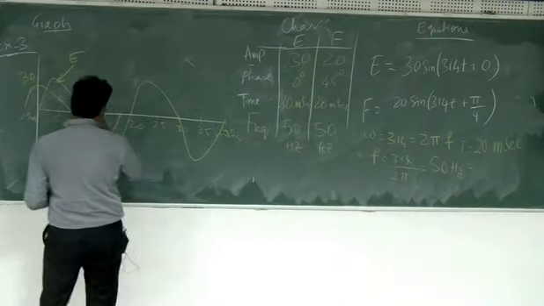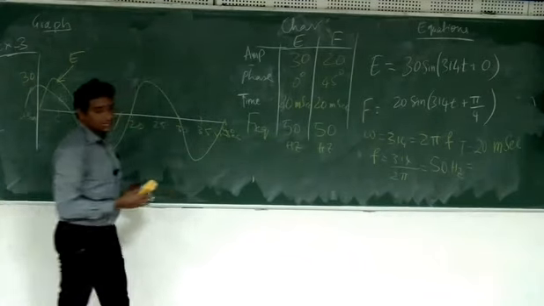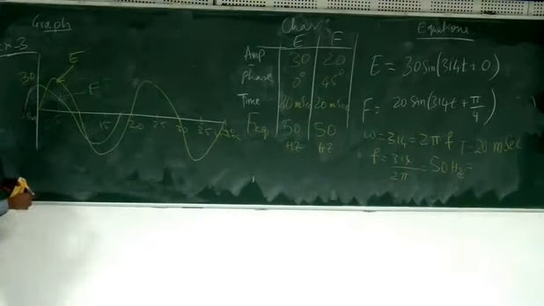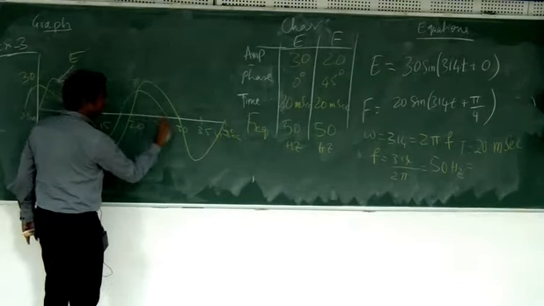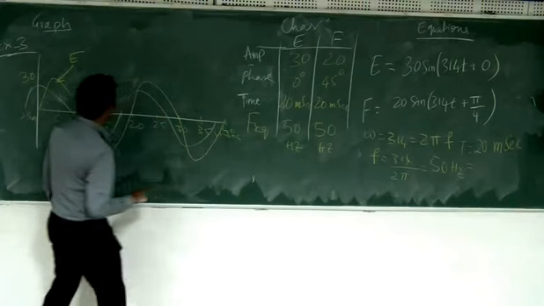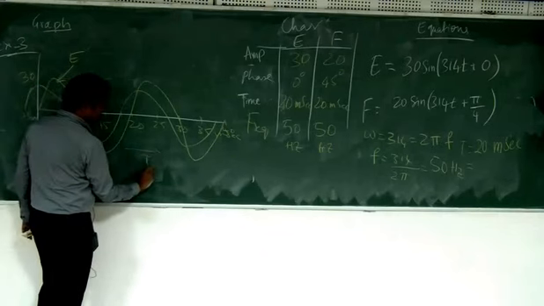Now I want to introduce one more terminology, which is the concept of leading and lagging. Okay. So what you do is, see, this is going like this. This is the time axis.